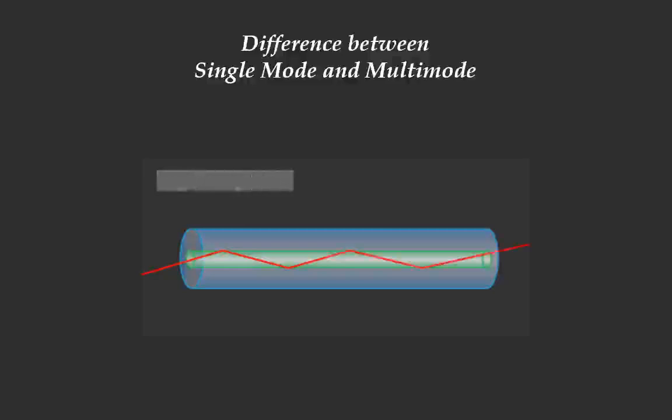So this is single information from one end to another. In multi-mode, it is the same as single mode, but the difference is we use multiple beams with multiple angles. So the only difference is that multiple beams are used in multi-mode fiber. So it is faster than single mode fiber.